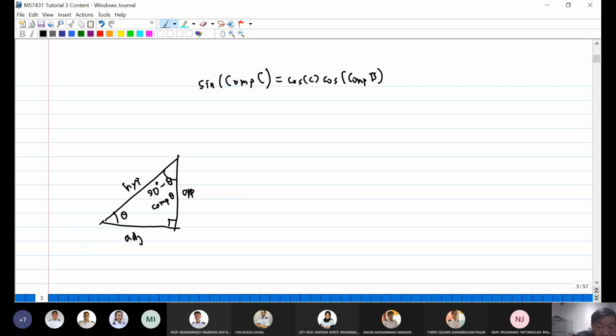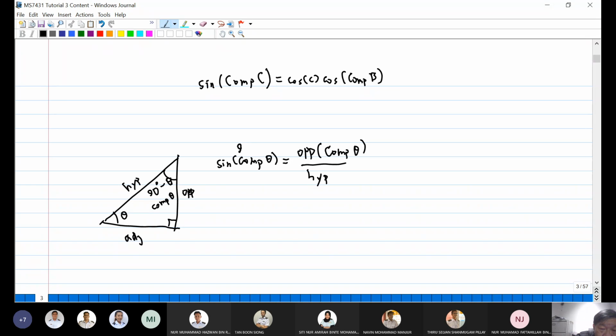So let's see how to find sine of co-theta. Using the right angle triangle, it is the opposite of co-theta over the hypotenuse, using sine. Sine of co-theta, which is 90 minus theta.